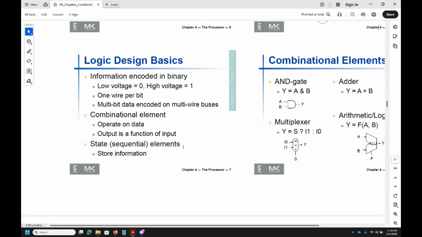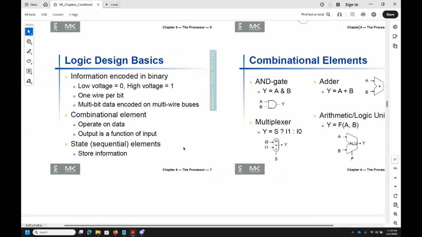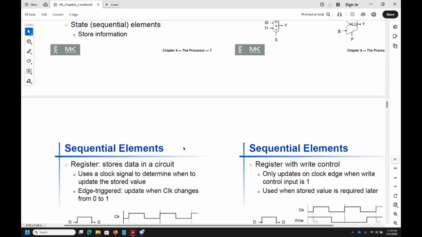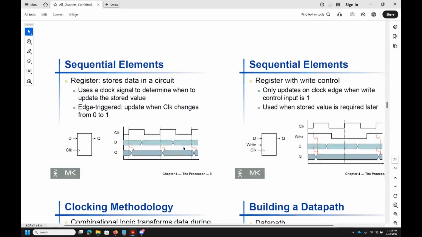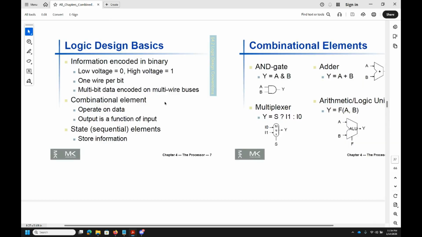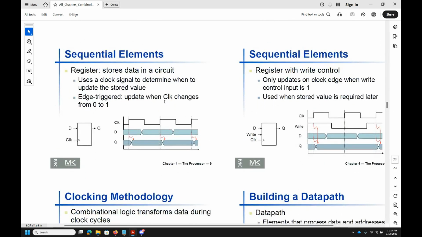Most of the logic that is there for flash memory is NAND memory. So that's why it's called NAND flash. There is also some NOR memory, but most of it is NAND. So there are sequential elements in a chip, like in a processor, that store data in a circuit.